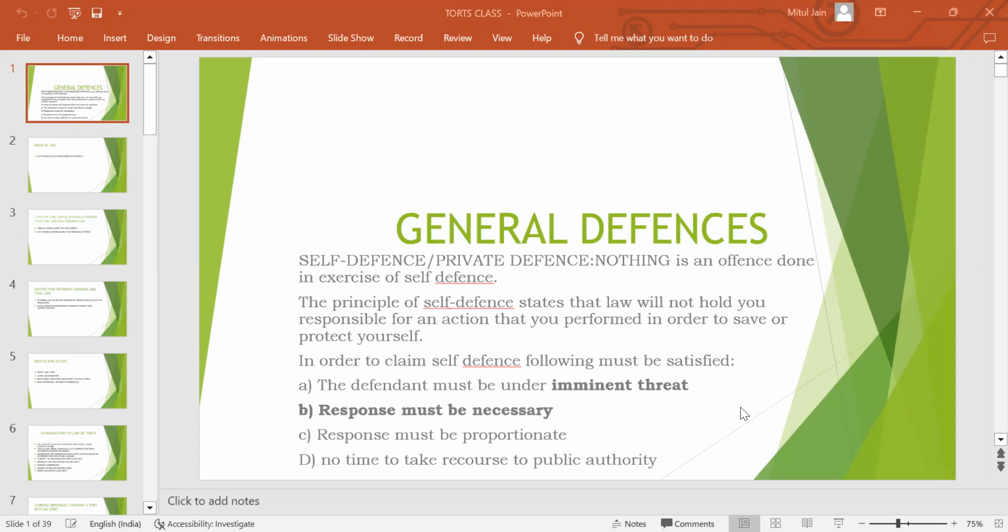Why? The reason being simple, that if you knew about the consequences and still you voluntarily undertook the same, then it is a clear case of volenti non fit injuria, and in such a situation a person is not entitled to claim compensation.